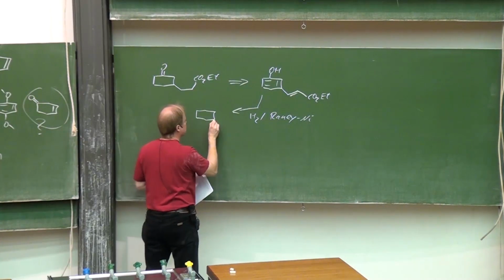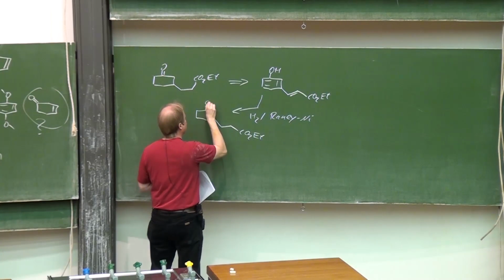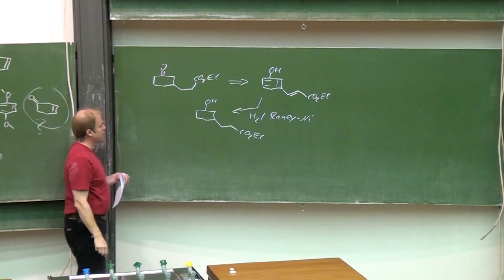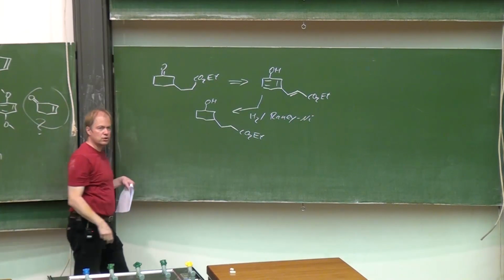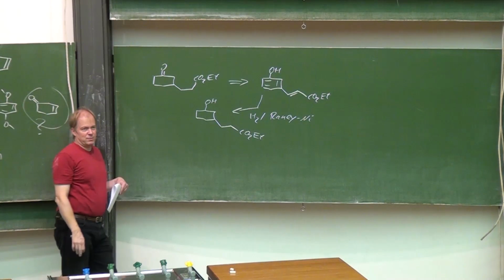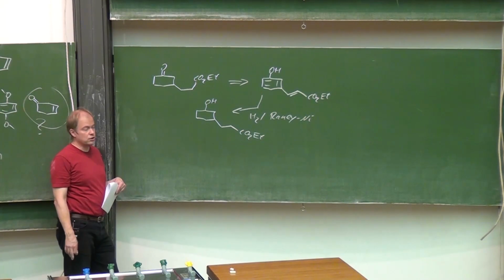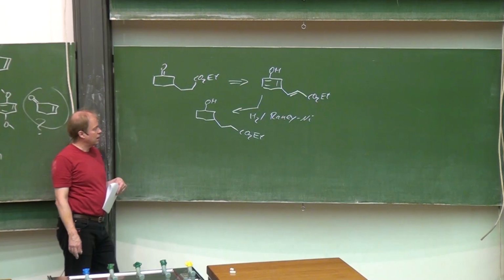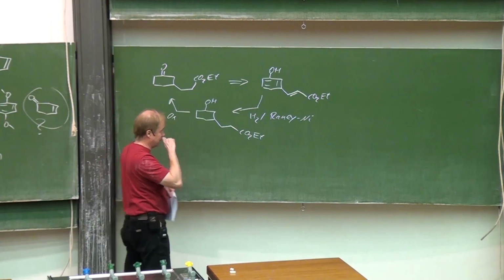Maybe you can get to this product without losing the OH group. This might be a problem, since the intermediate is sensitive and could condense, just losing water. And from here to there, no problem, oxidation there.